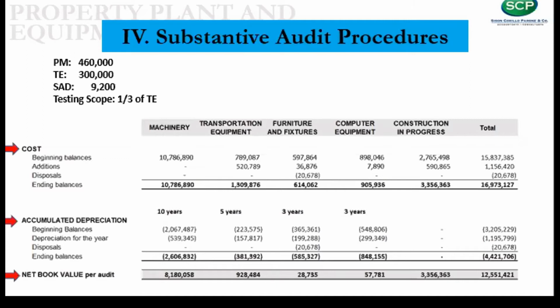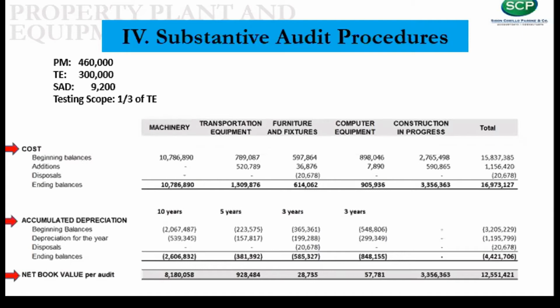Please note that when there are accumulated impairment losses recognized by the company, then another table under accumulated depreciation should be presented to account for the movement of the accumulated impairment losses as well. However, for these training purposes, we will assume that there was no indication of impairment of fixed assets noted as yet. Hence, only depreciation was recognized by the company for its fixed assets.